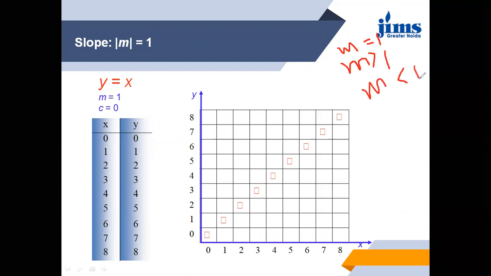In this slide, we will discuss when m is equal to 1, meaning this is at 45 degrees.